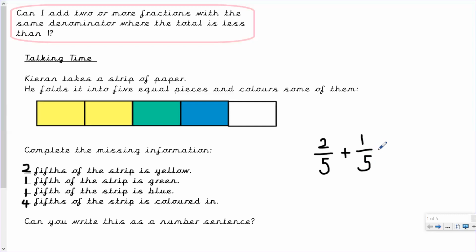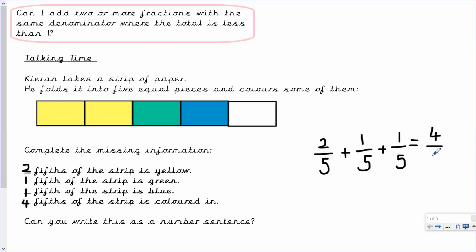And then we know that 1 fifth of the strip is blue. And then that's equal to how many strips being colored in altogether? Well, 4 fifths of the strip is colored in. So the answer is 4 fifths.